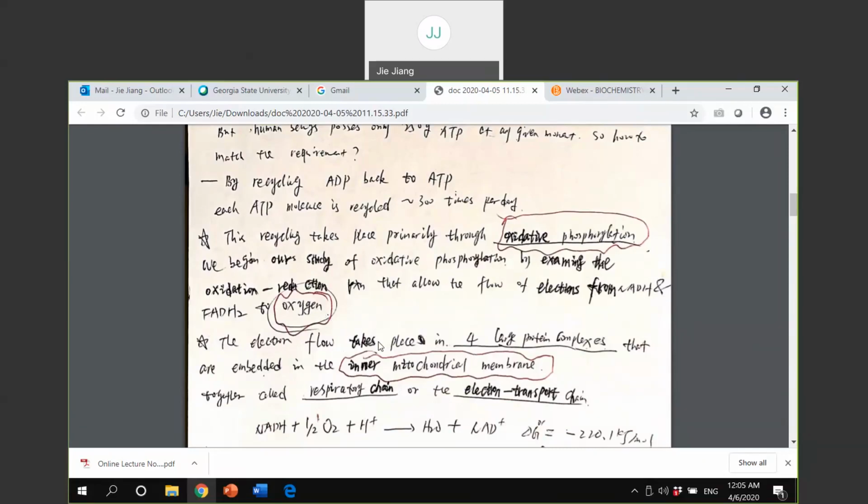This electron flow takes place in 4 large protein complexes, which we will discuss in detail in section 5 and section 6. These 4 large protein complexes are embedded in the inner mitochondrial membrane, which means oxidative phosphorylation occurs in the inner mitochondrial membrane.